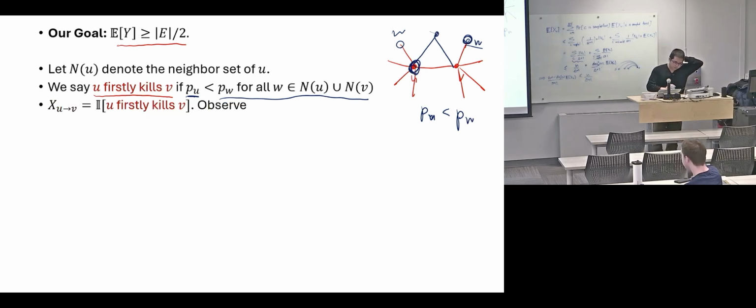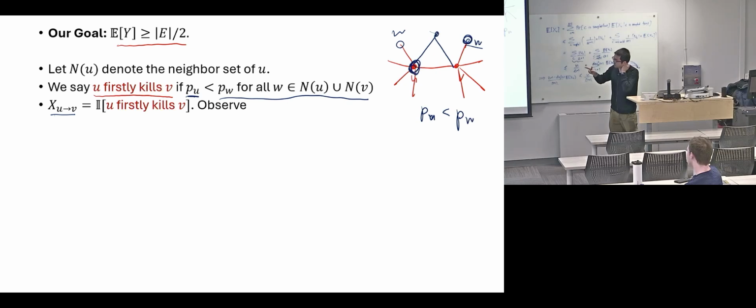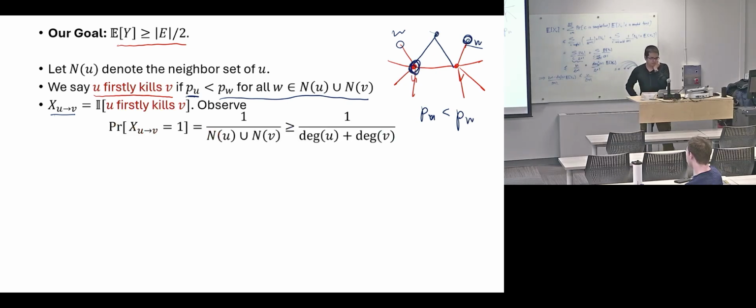Now I define an indicator X u to v to say that u firstly kills v. And now observe this. What's the probability that u firstly kills v? For this to happen, I need the priority of u to be smaller than everyone here, all the neighbors of u and the neighbors of v together.